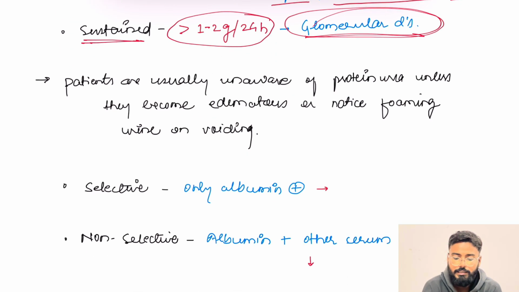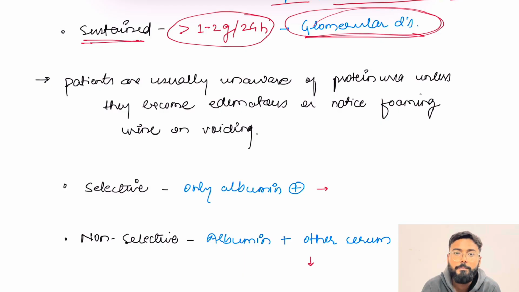Now you see, patients are usually unaware. Whenever these structures are getting affected and there is proteinuria to a lesser extent, the patient cannot see that there is proteinuria unless they land up with some symptoms, like foaming of urine, or edema, or some other symptoms.